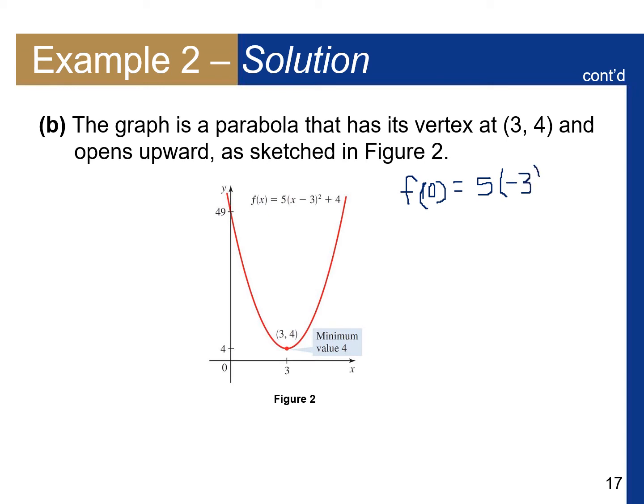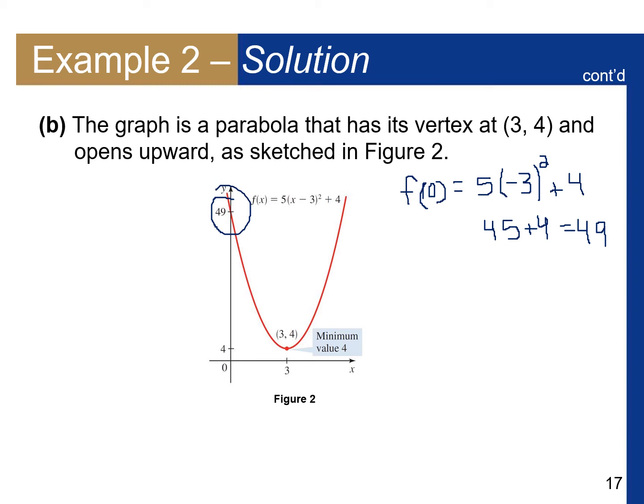And then I'm going to square that and then add 4. So if I square my negative 3, I will get 9, and 5 times 9 is 45. And then I'm going to add my 4 to it, and I will get 49. And that's why my y-intercept right here is 49.